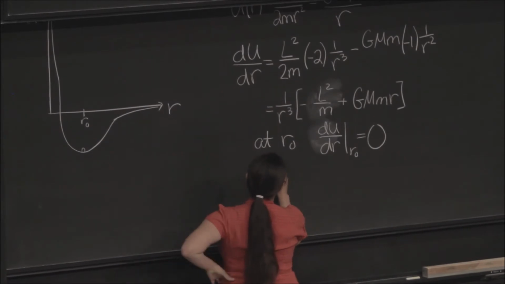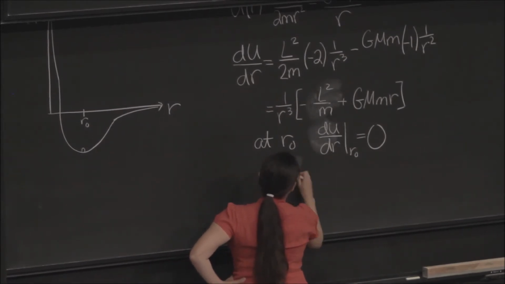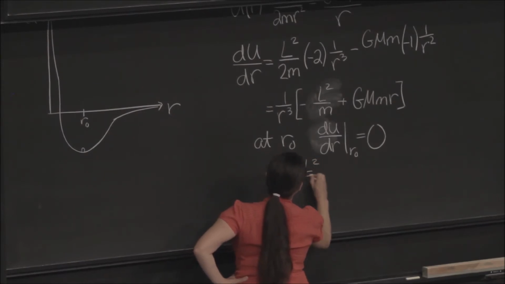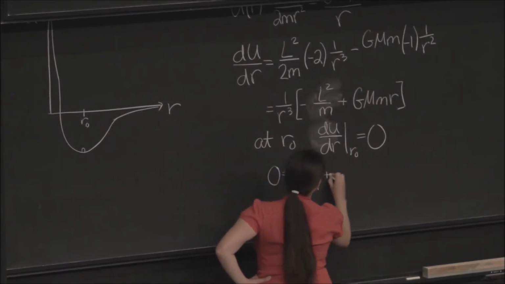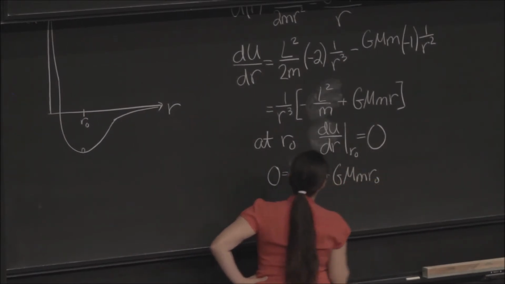Therefore at R naught, we have minus L squared over M plus G M R naught equals 0.